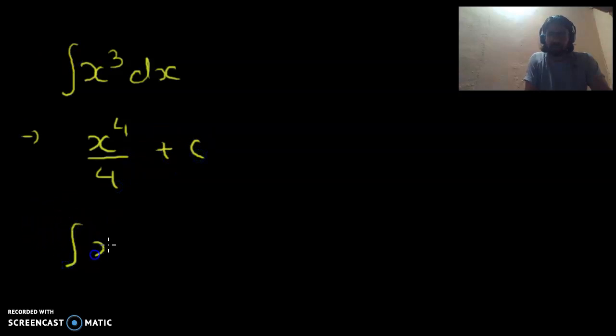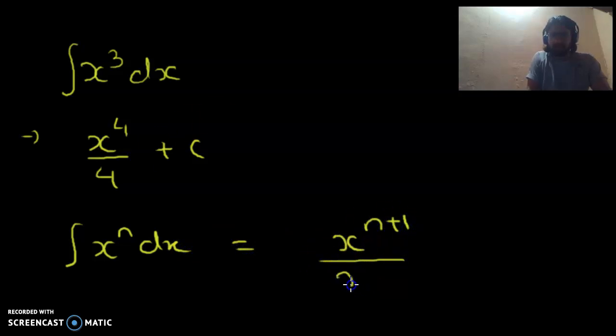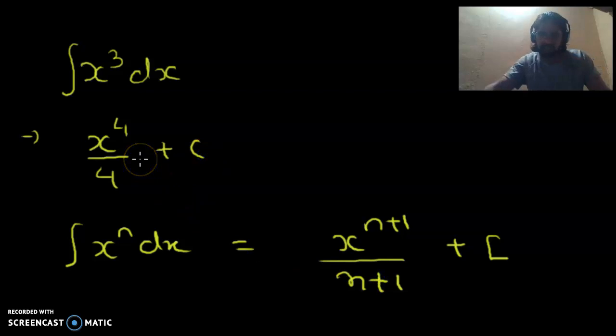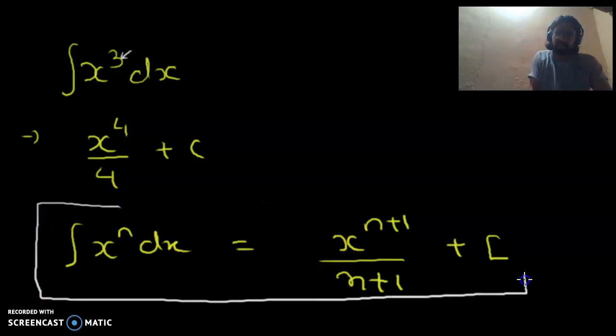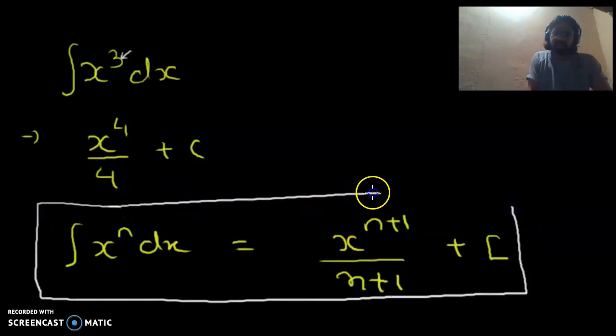If I ask you integration of x to the power n, I hope you got the feel of the idea. This is a pattern. The power is increasing by 1. Whatever the power is, if it's 3, then I make it 4, and then divide by the same. So this is the thing about integration.